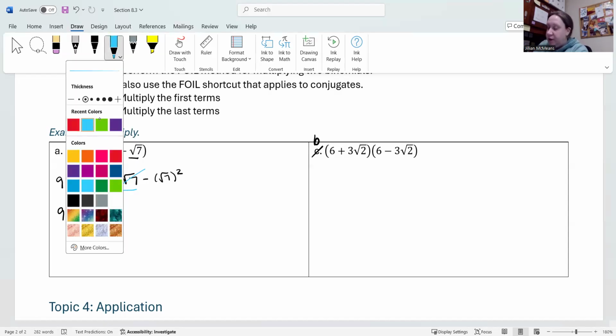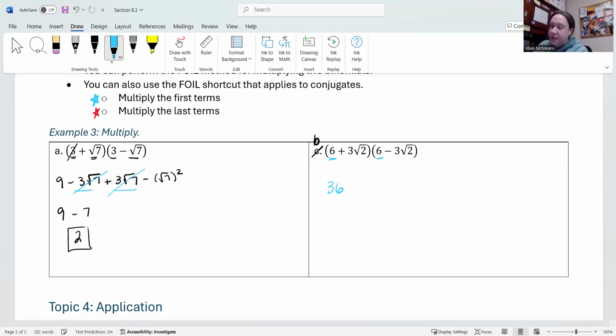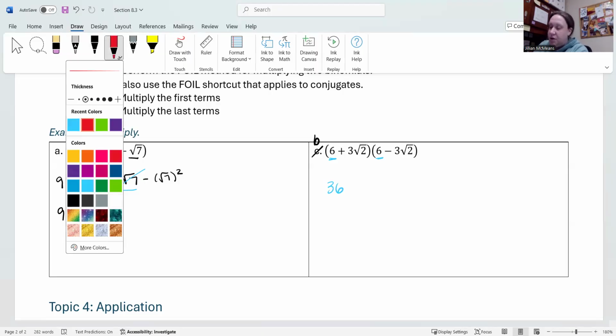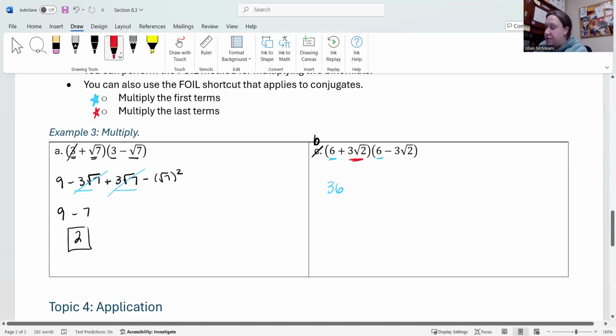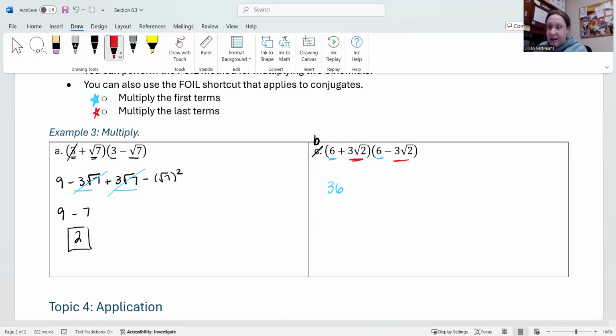Okay, so the first terms are the 6's. 6 times 6 is 36. And then the last terms are 3 square root 2, negative 3 square root 2. So positive 3 times negative 3 is negative 9. And then I get the square root of 2 squared. Okay, so let's see how that simplifies. I just have my 36, that's fine. I have my minus 9.